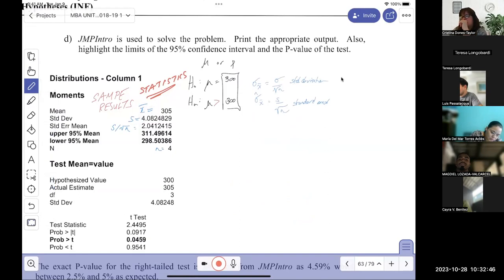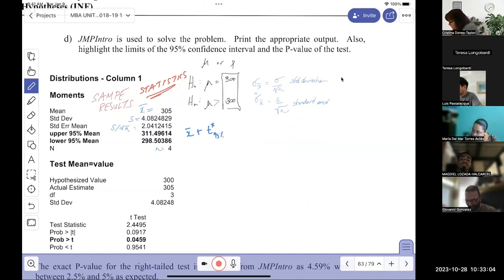And so the upper limit is X bar plus, for 95%, 1.96. Uh-oh, it's not 1.96. It's going to be T. So what should it be here? T star for 95%.